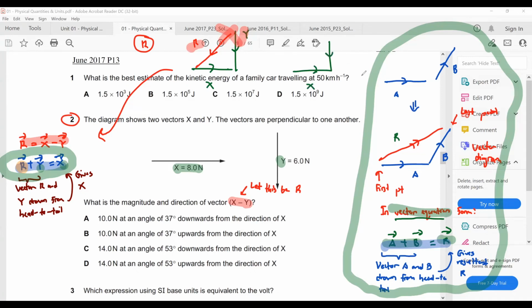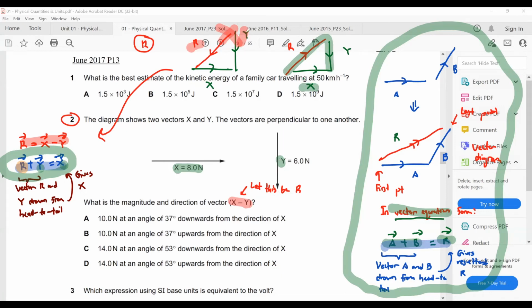This one is vector y. How about if vector r is drawn like this? This is r. This is y, and then this is x. So now notice that if my vector r is in this direction, I can say that r and y drawn from head to tail gives me x.